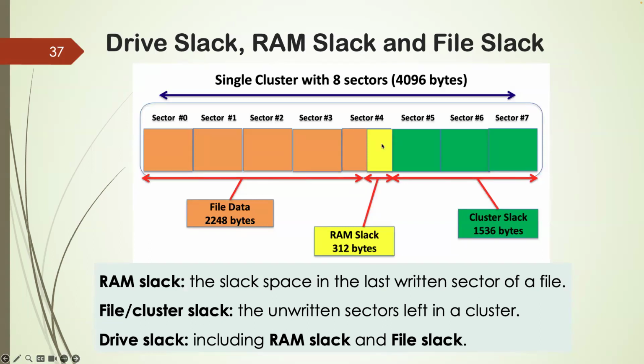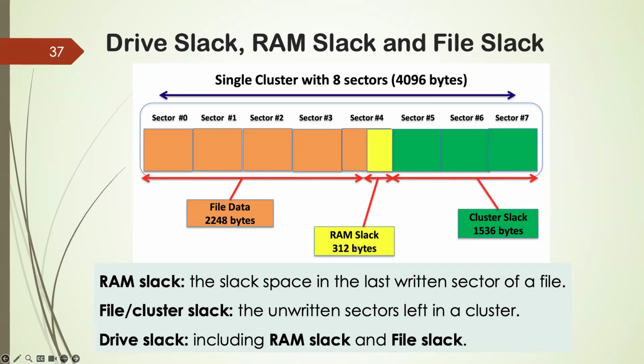Because when we are copying data from RAM to hard drive, storing it, one sector is the smallest unit in which we can make that transaction. So even if the data of the file is half of sector number 4, we have to read the entire sector number 4 into the hard drive and write it over there. So what is your total slack space?